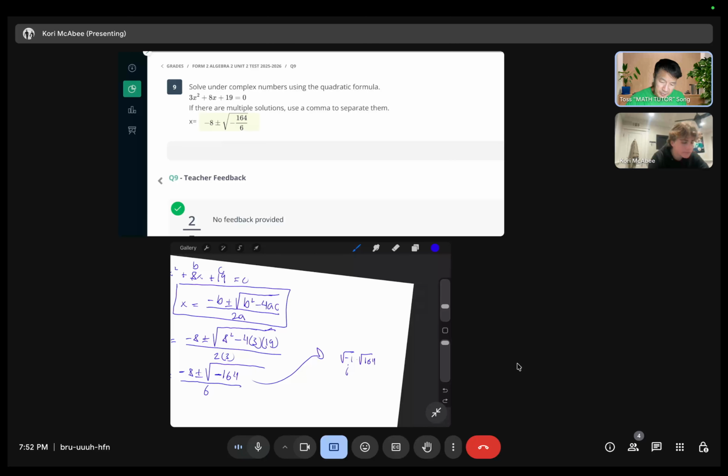Something like prime factorizing it, a little space wherever. I don't see a perfect square coming out. Oh, I think it's divisible by 16. So 164 divided by 16. Nope, but it is divisible by 4. Let's do it a little differently.